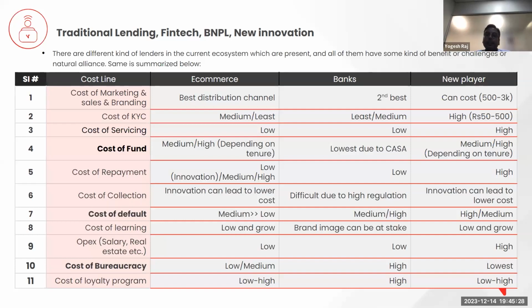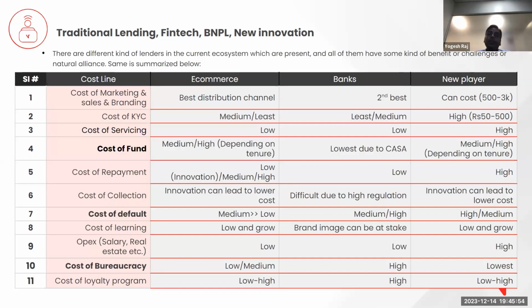In general, fintechs or e-commerce players trying to get into fintech have a huge advantage there. Generally, OPEX for a bank is around 6 to 7%, meaning the real estate cost, the salary cost, and all those things. But for a fintech at scale or e-commerce, it's around 1 to 2%.